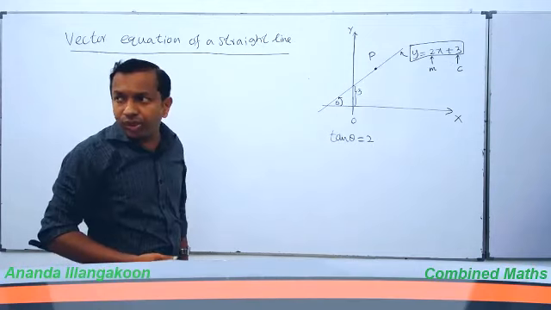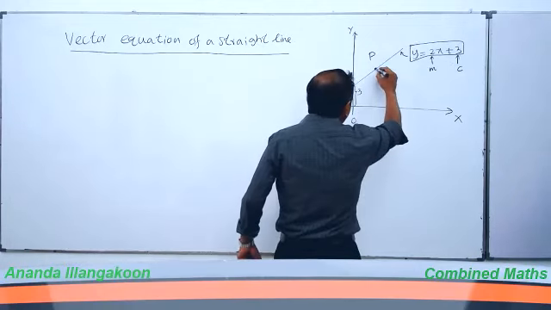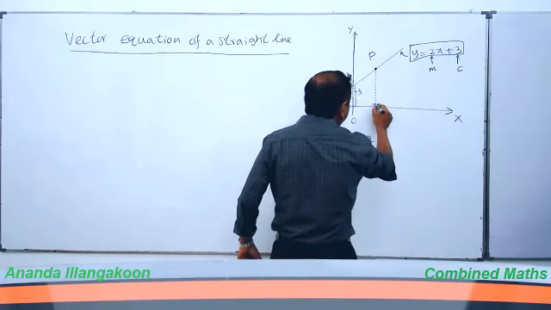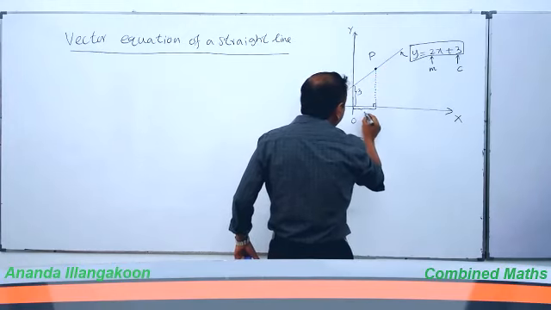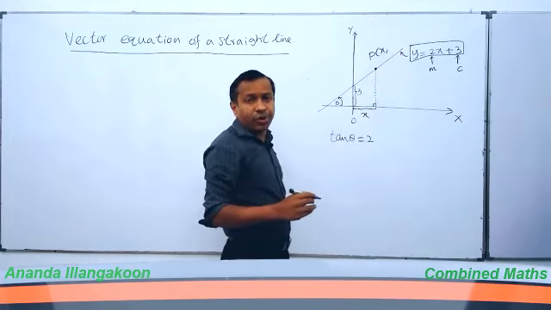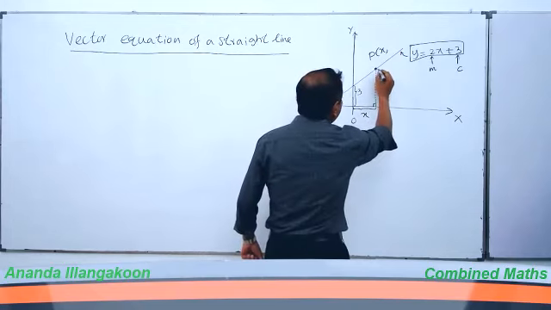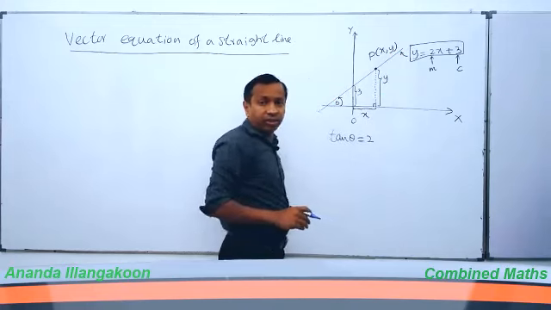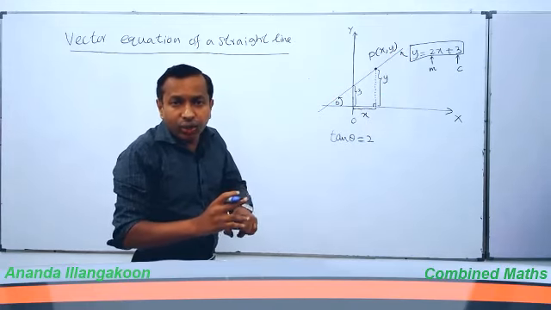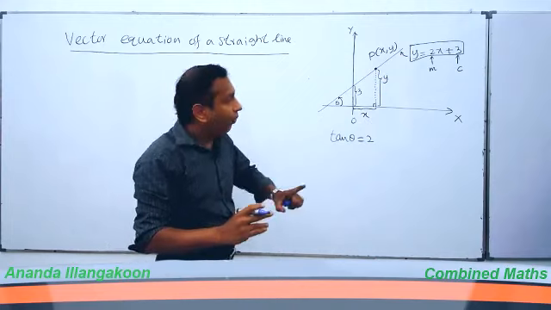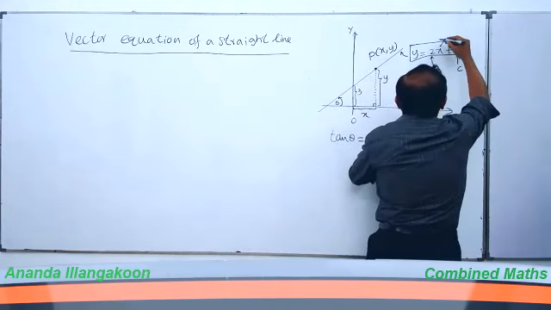What is meant by the x coordinate? When I drop a perpendicular from this P on the x-axis, this length is the x coordinate of the point P. What is the y coordinate of the point P? This height. Those x and y coordinates of any point on the line are this x and y.